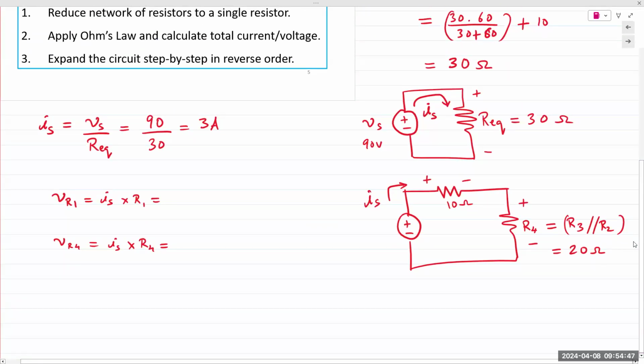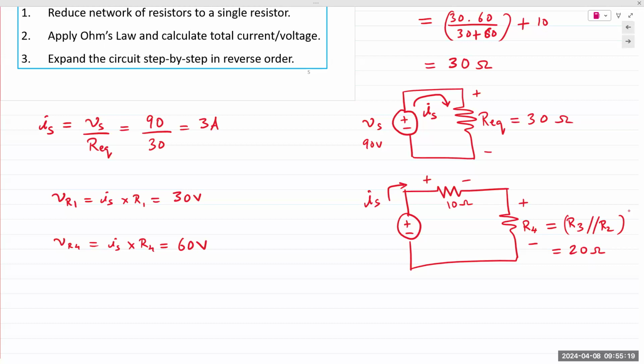So what is the voltage? 3 amps going through 10 ohms. 30. How about VR4? Does KVL verify your answer? Yes, it does. 90 volts minus 30 minus 60 is equal to 0.